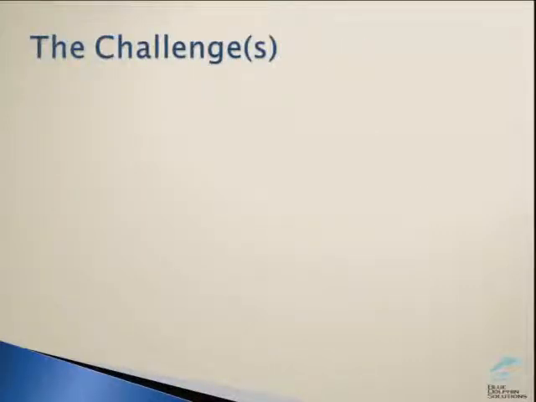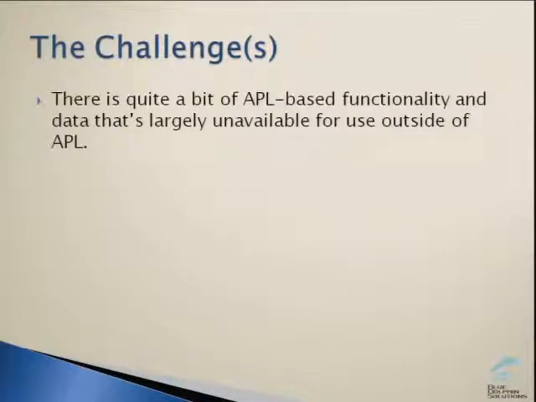So I wanted to talk about some of the challenges that seem to be apparent today. One is there's quite a bit of APL-based functionality that's in legacy systems and that people have developed that's largely unavailable for use outside of APL. And that's traditionally been a problem with APL.